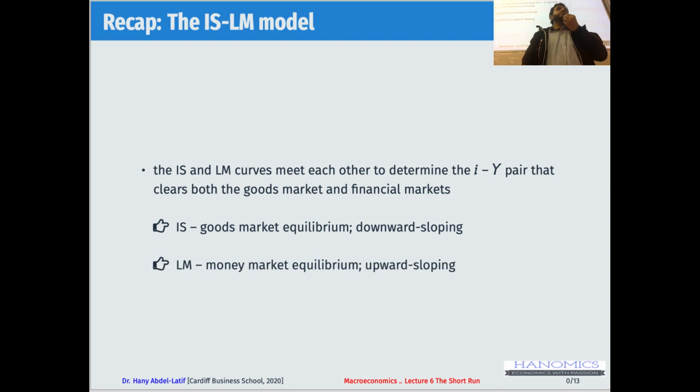So the LM curve, every point on the LM curve represents an equilibrium point in the financial markets or in the money markets, and the curve itself is upward sloping. Again, remember, we have I on the vertical axis and Y on the horizontal axis.